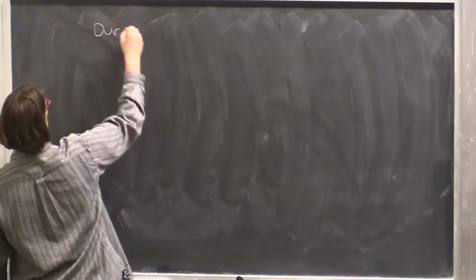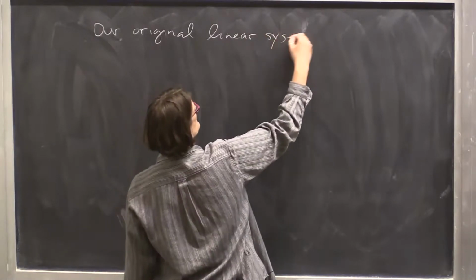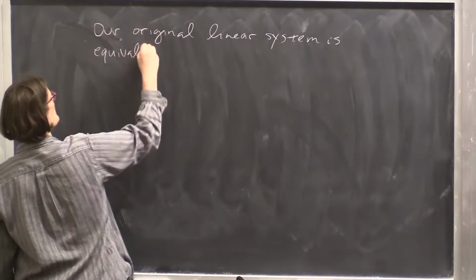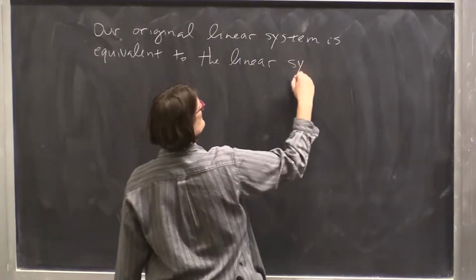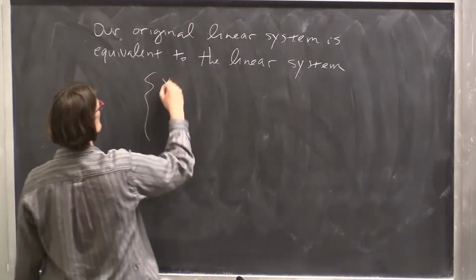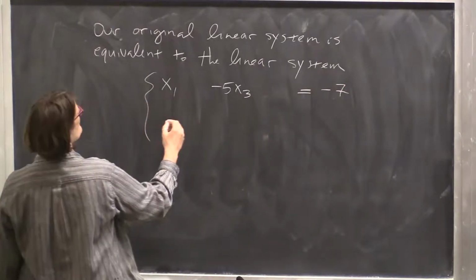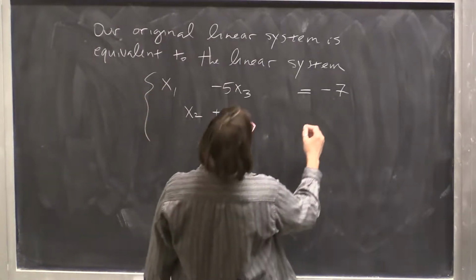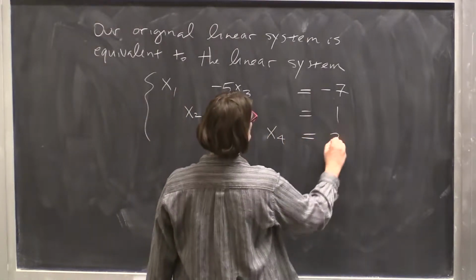So our original linear system is equivalent to the linear system x1 minus 5x3 equals -7, x2 plus x3 equals 1, x4 equals 2.